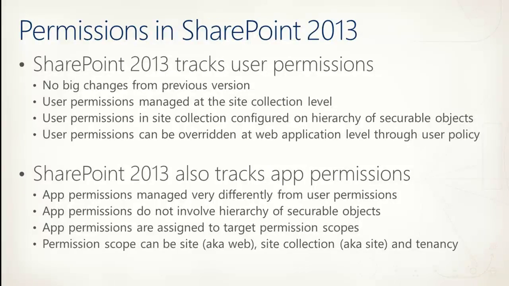User permissions are mainly managed at the site collection level in terms of securable objects that are arranged in a hierarchy. And the one extra thing that we can do, kind of above the scope of the site collection, is you can go to your web application and create a user policy for this user to be able to read all the different site collections.